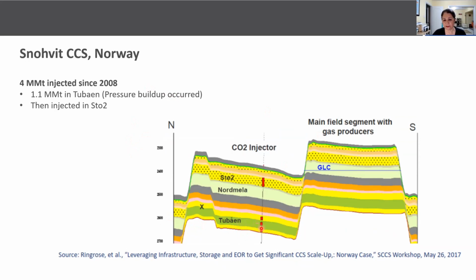That's why they ended up shutting this zone and then started injecting in the upper formation. Since then, they've been successful and have injected 4 million tons since 2008. So again, based on modeling predictions, the reality was far from what they predicted.